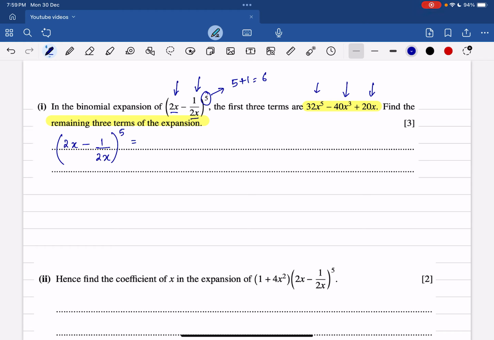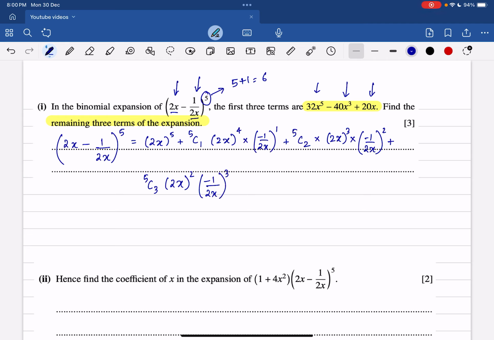If we were to expand this, then we would have 2x the whole raised to 5 plus, as we know, 5c1, 2x raised to 4 times -1 by 2x, plus 5c2, 2x raised to 3 times -1 by 2x raised to 2, plus 5c3, 2x raised to 2, -1 by 2x raised to 3, plus 5c4 times 2x, -1 by 2x the whole raised to 4, plus -1 by 2x the whole raised to 5, right?